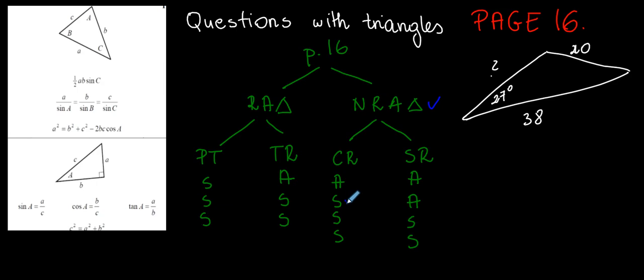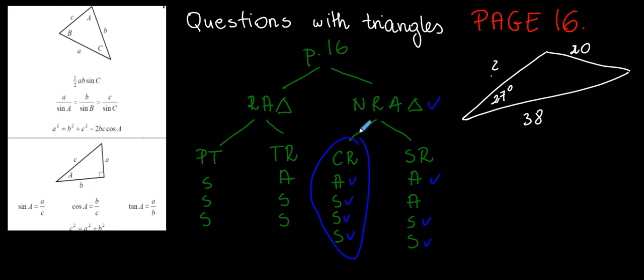So the first thing we mark is that we need to have a side in our formula. Then we have an angle, we tick. Then we have a side, we tick. And then we have another side, here we tick. And we can see that the cosine rule is the one that has all the elements.